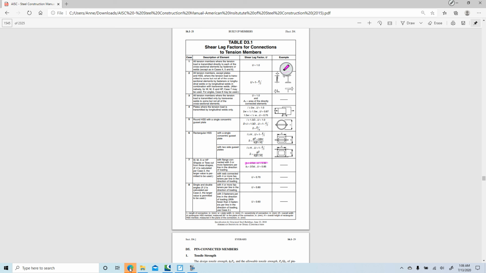Now this will actually end up being either 0.9 or 0.85, but it doesn't matter because I got 0.9 using case 2, but we'll still calculate it just for practice. So let's see, I need to know for a W8x18 the flange width and the depth. So let's see.